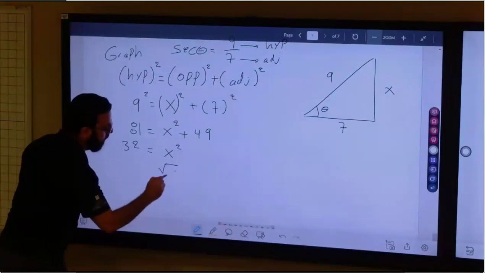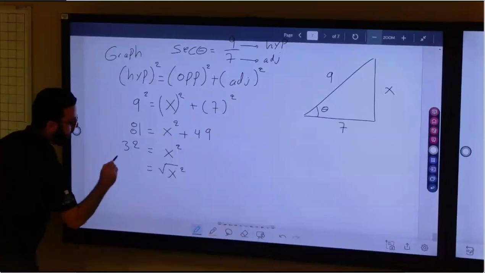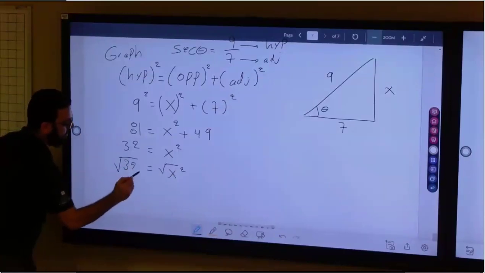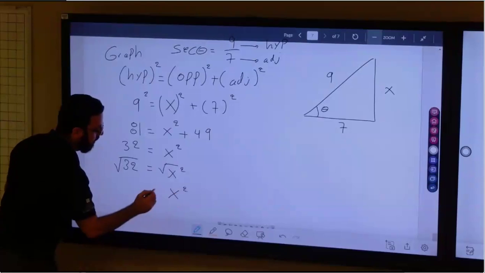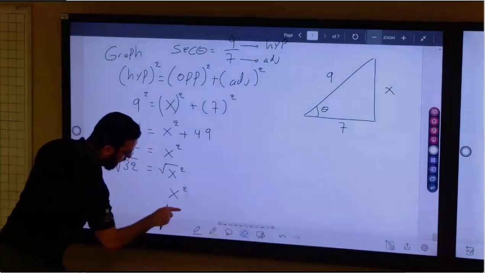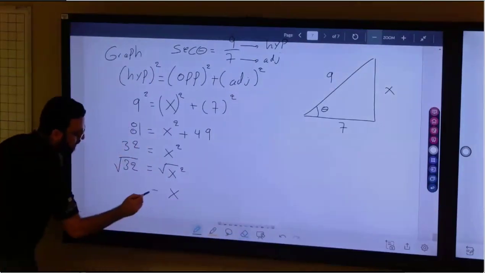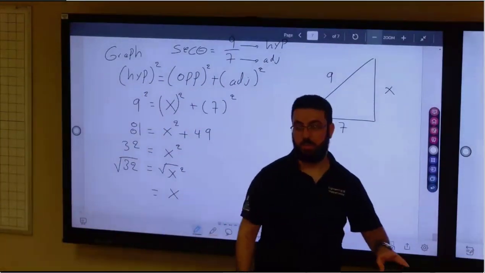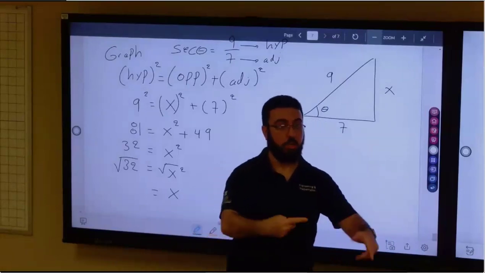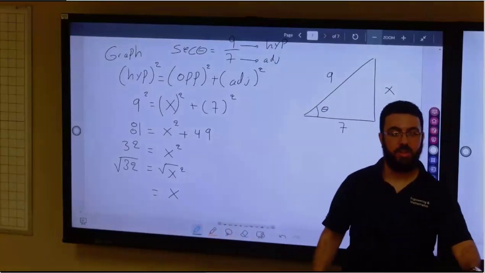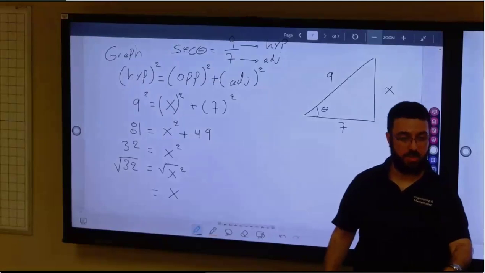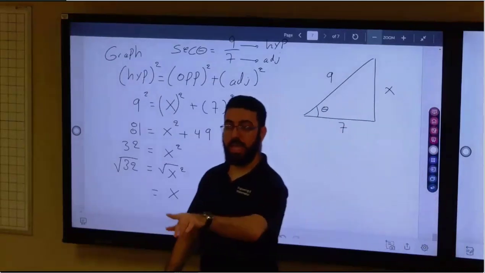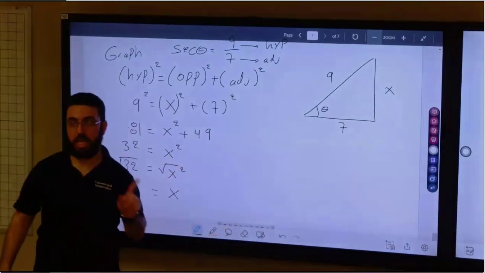Get the square root from both sides. Don't give me a decimal number. Can you simplify it? Yes. 32 is 2 times 16.